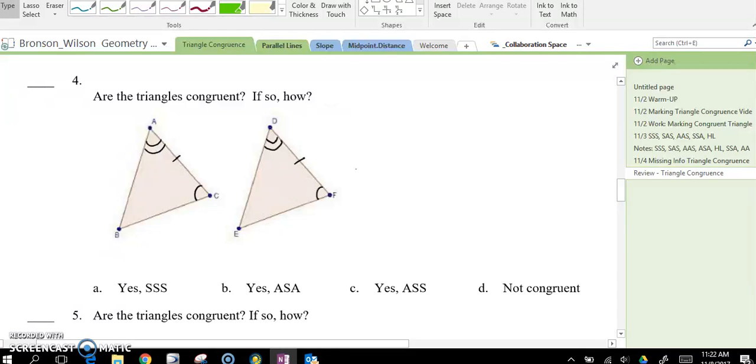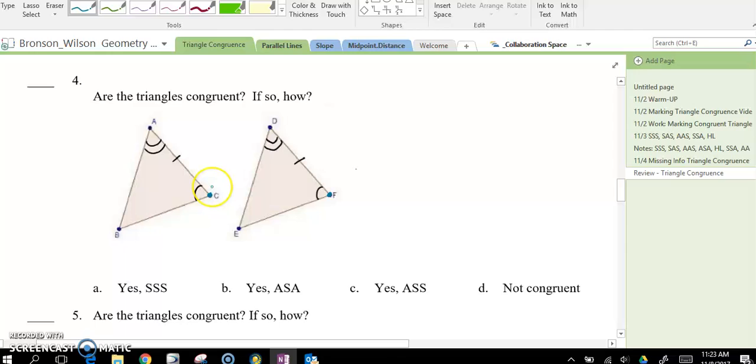You're doing so wonderful. All right, number 4. Are the triangles congruent? Now, this one, they did not give us numbers. They just gave us markings. You saying yes, it is by D? No. All right, so let's label. What is F and C? What are those? Angles or sides?